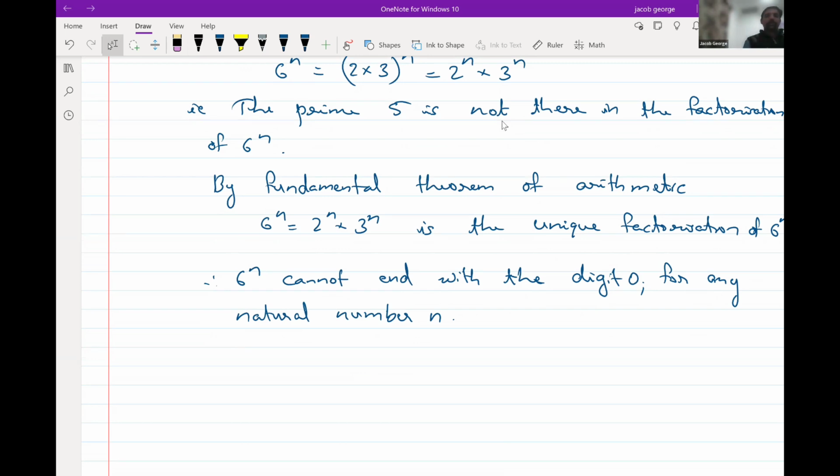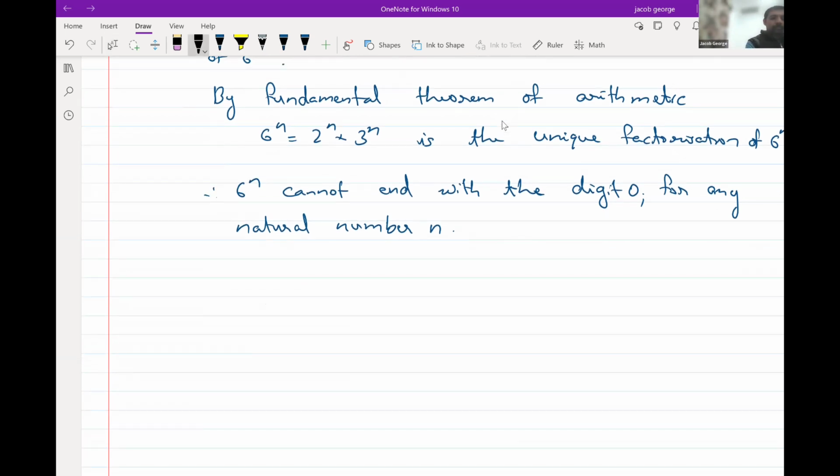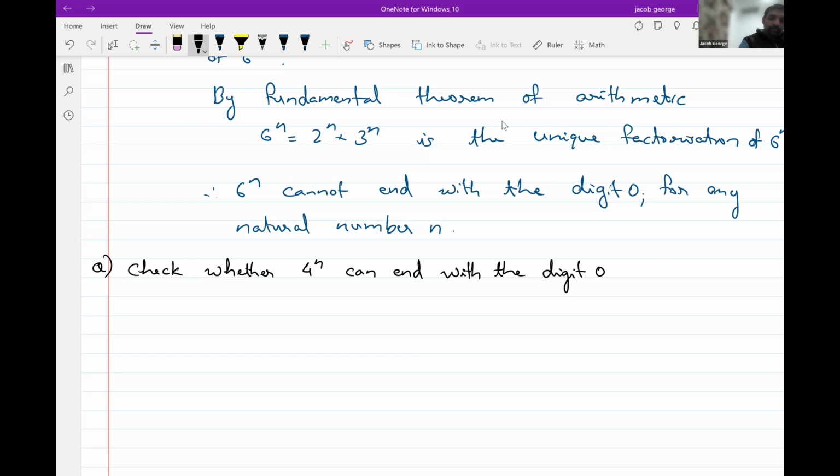Check whether 4 raised to n can end with the digit 0 for any natural number n.